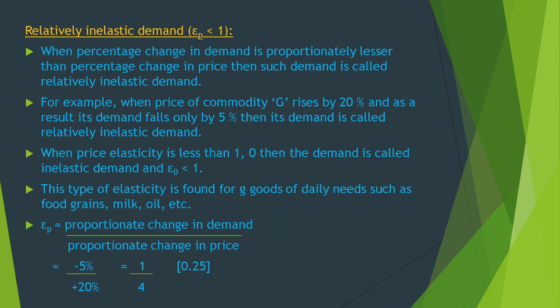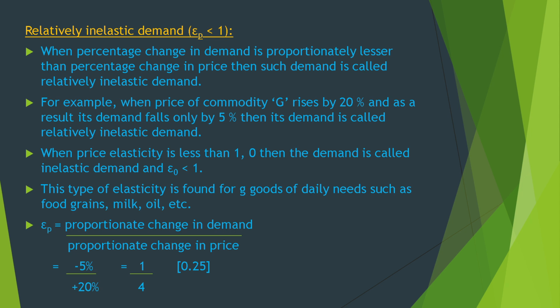Relatively inelastic demand, EP less than 1. When the percentage change in demand is proportionately less than the percentage change in price, then such demand is called relatively inelastic demand. For example, when the price of commodity G rises by 20% and as a result its demand falls only by 5%, then its demand is called relatively inelastic demand.